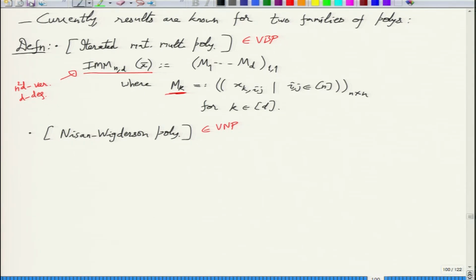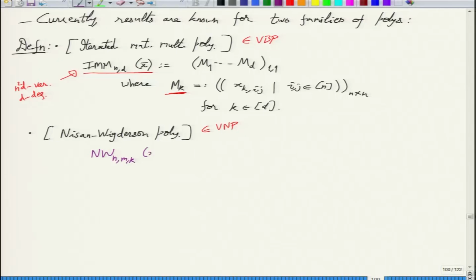So when you prove a lower bound for IMM versus when you prove it for Nisan-Wigderson, there is a difference in the quality. IMM results are more interesting because it's an easier polynomial and you are proving a lower bound. Nisan-Wigderson polynomial anyways seems quite hard.